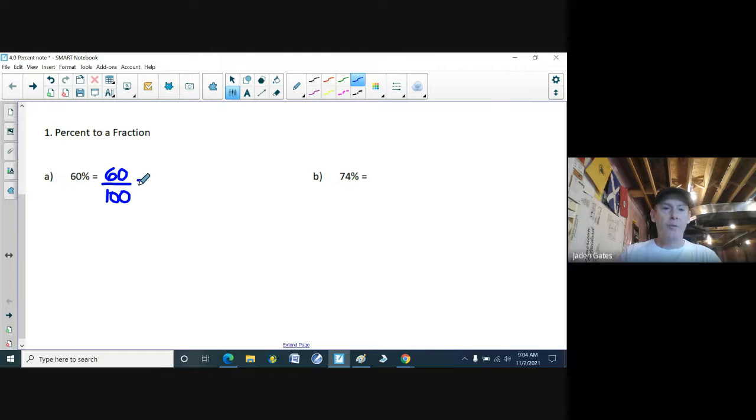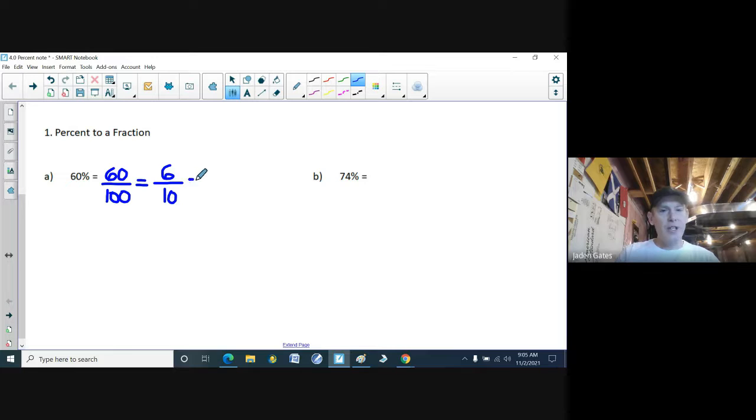Now, I can reduce 60 over 100 to lowest terms because I know that 60 and 100 are divisible by 10. So 60 divided by 10 is 6, and 100 divided by 10 is 10.